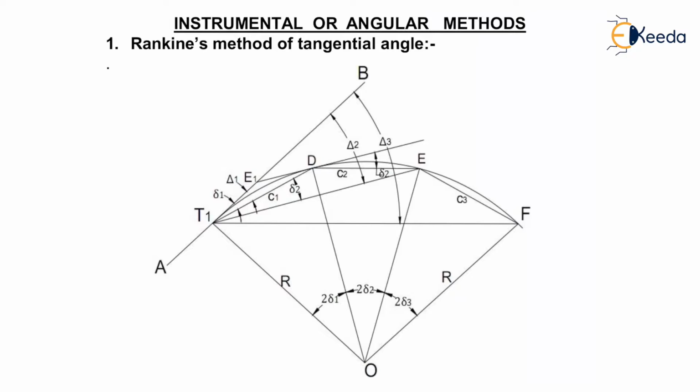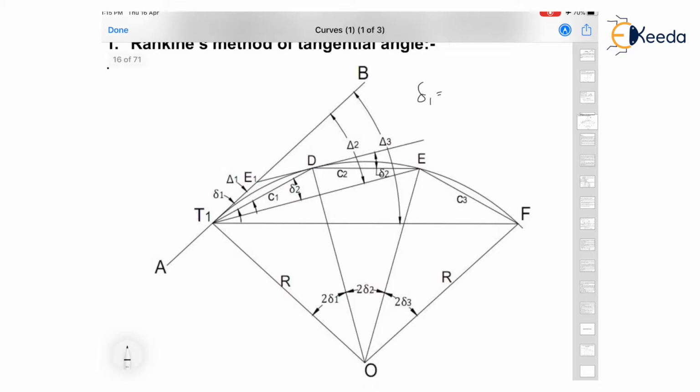Now to find the deflection angle, that is delta 1, we use a simple formula. Delta can be found using the formula 1718.9 C1 upon R, where C1 is the length of your first chord, and this answer is in minutes.